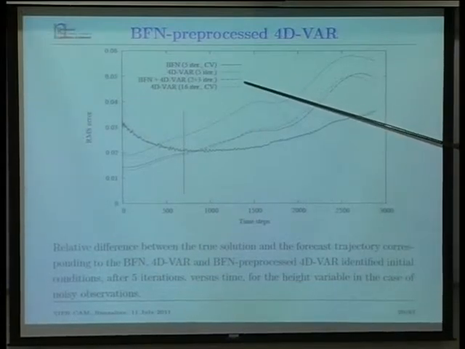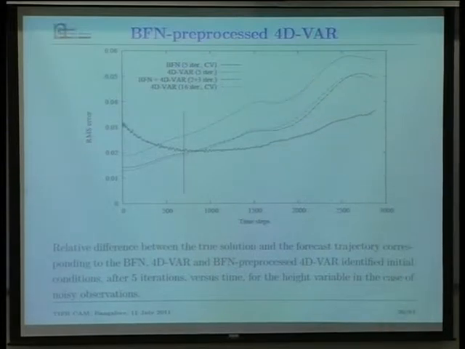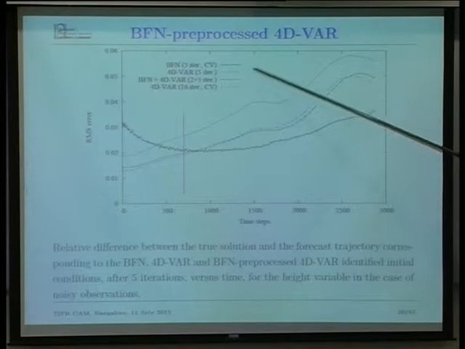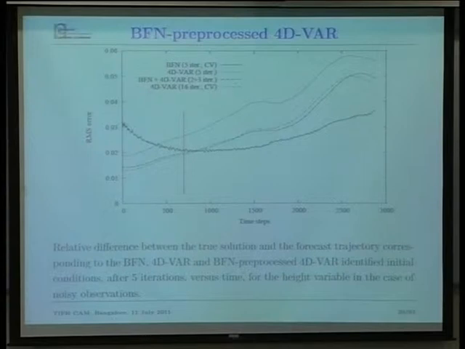So the idea is that, as we have seen that the BFN converges in a few iterations, the idea is to pre-process the 4D var. It means that you start with your background state. We perform 2 iterations of back and forth nudging, and then the new initial state that we get, we use as the new background state for the 4D var.